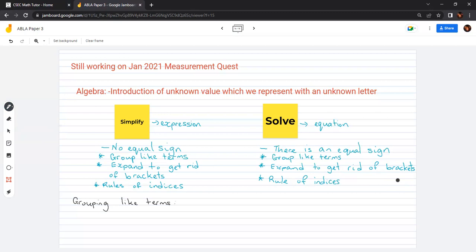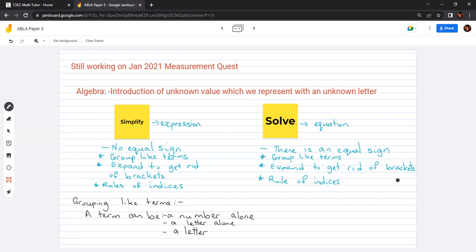What you have to know is that a term could be a number alone, a letter alone, or a letter and a number.